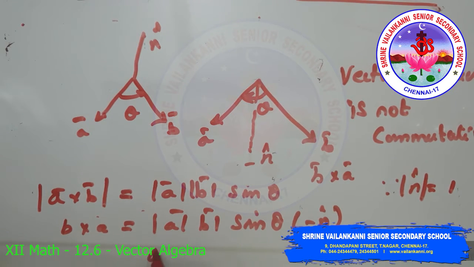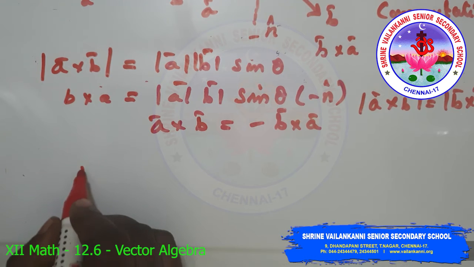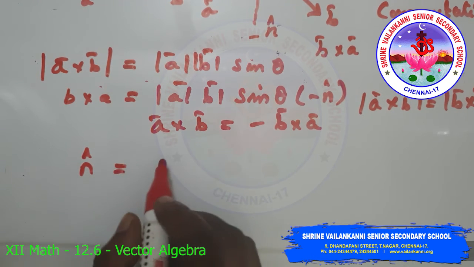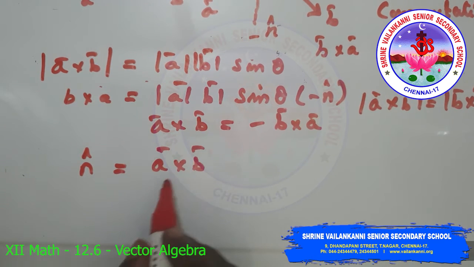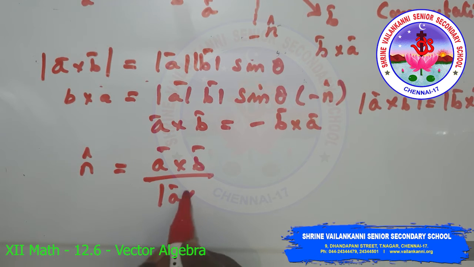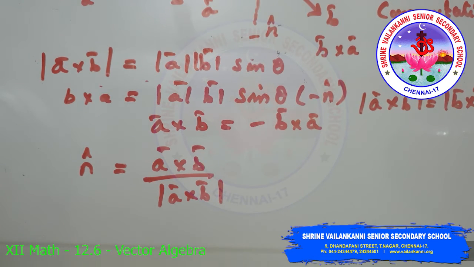Therefore A cross B equal to minus of B cross A, but magnitude of A cross B is equal to magnitude of B cross A. Otherwise, the unit vector n cap is equal to A cross B by magnitude of A cross B, the unit vector perpendicular to A and B.